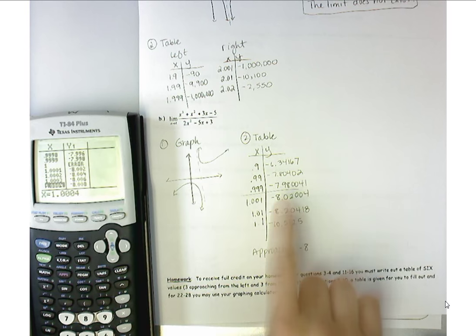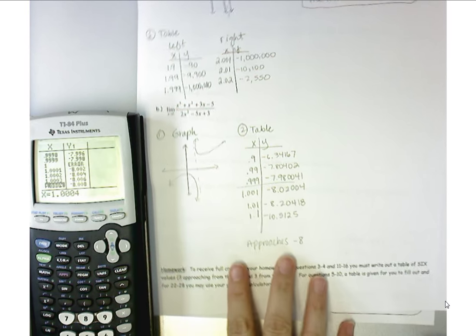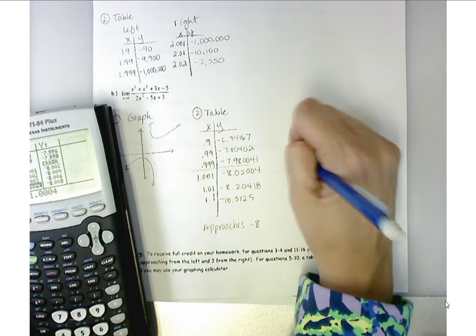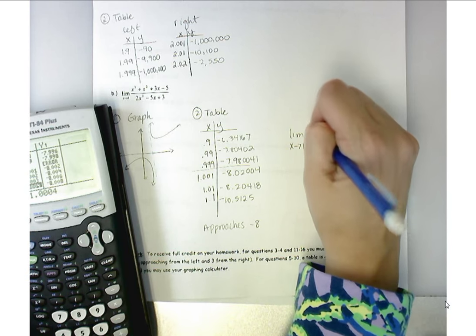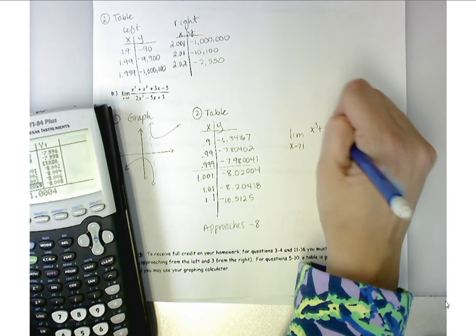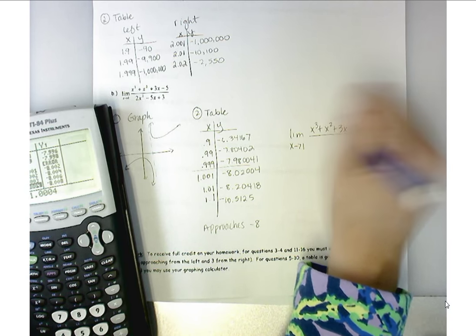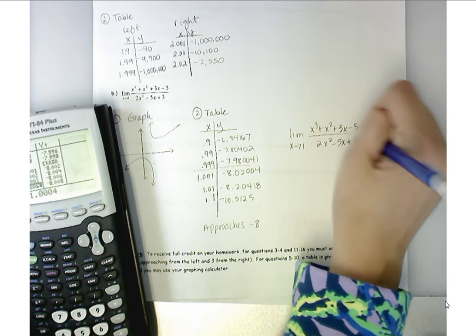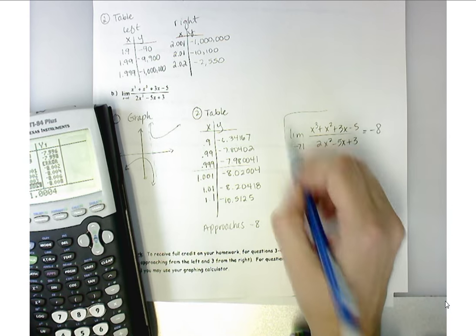Can we see how these are getting closer and closer to -8? Okay, so that means that our limit as x goes to 1 of x cubed plus x squared plus 3x minus 5 over 2x squared minus 5x plus 3 is equal to -8.